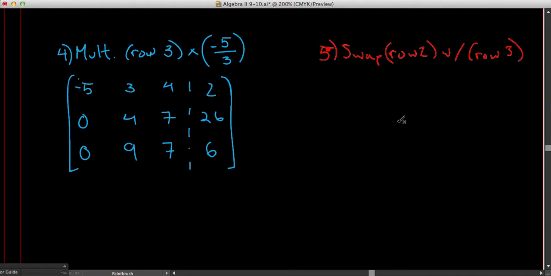And I think I can probably do two operations at once here. If I then subtract 4/9 times row 2, the now row 2, the new row 2, from row 3.